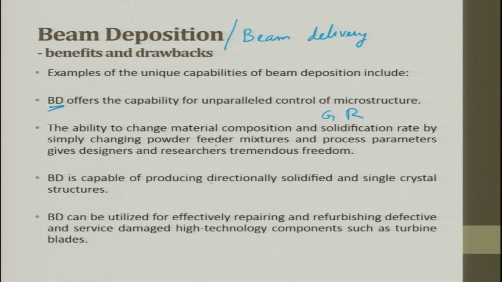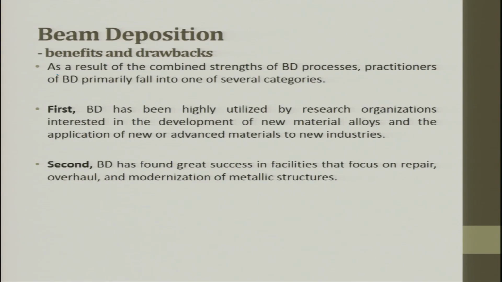BD is capable of producing directionally solidified and single crystal structures. BD can be utilized for effectively repairing and refurbishing defective and service damaged high technology components such as turbine blades.